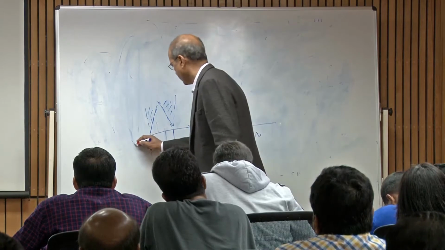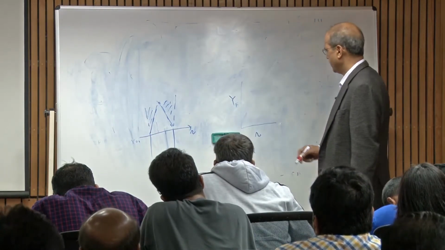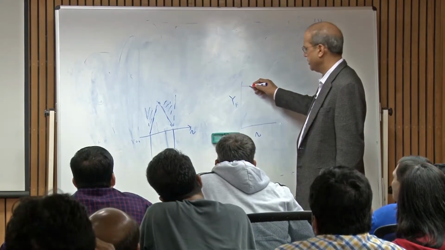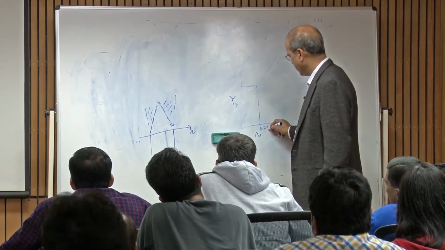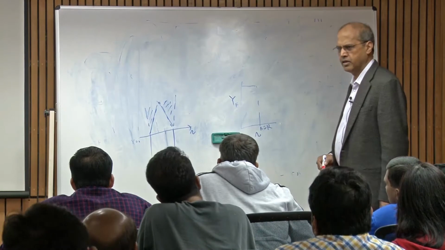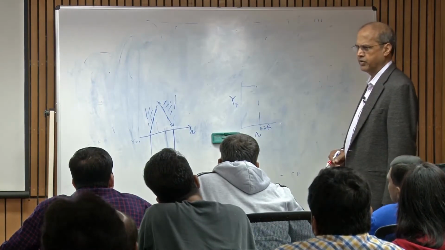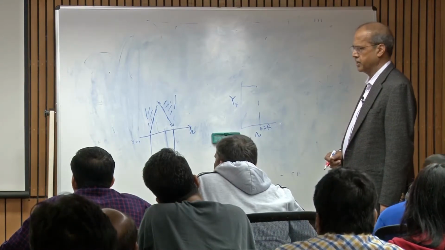Let us say at x equal to 0. Y_F is 1, and in the radial direction it is 1 up to r equal to capital R, and then it is 0. That is the variation of Y_F in the radial direction.